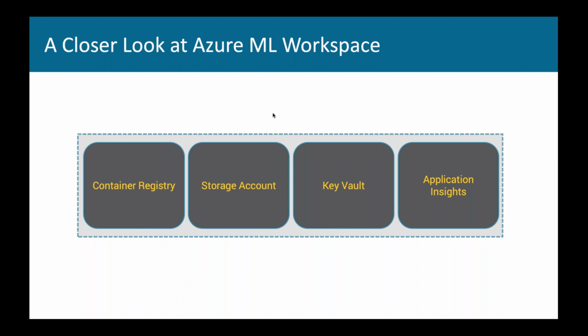Now, Azure ML creates a subset of the resource group, which is called a workspace. And this workspace is highly aligned and specialized to maintain resources that are required for the machine learning job.